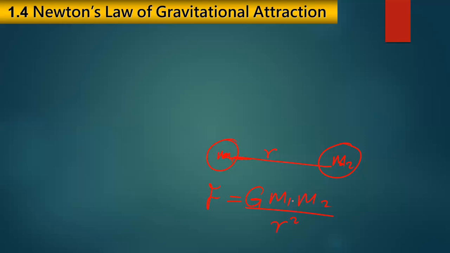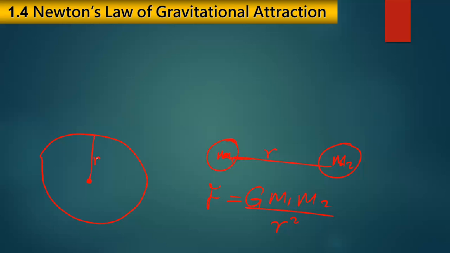Now imagine if you have one of these objects is the Earth, and the other is maybe a human being. Let me draw something here. This is the Earth, and the Earth has a radius from this distance up to there.